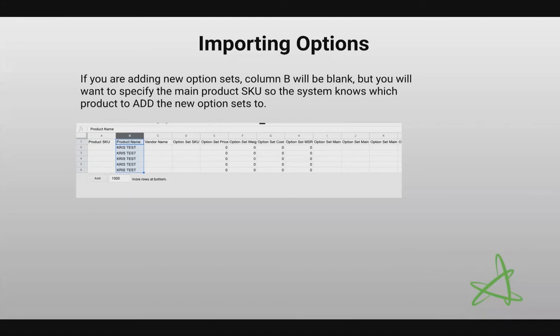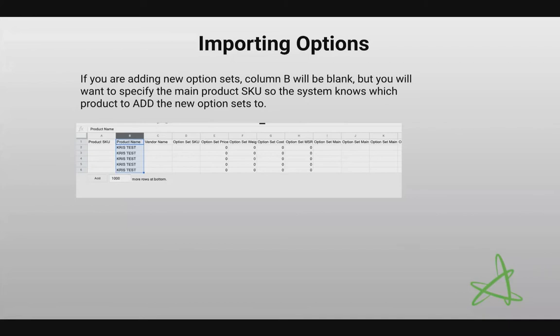Change a couple of values and it would update those IDs for you. You could also take that same file and manipulate it just slightly so that you could use it to add new option sets as well. And if you're adding new option sets that don't exist, then the product ID column becomes irrelevant because, again, there is no product ID associated with it at this point.